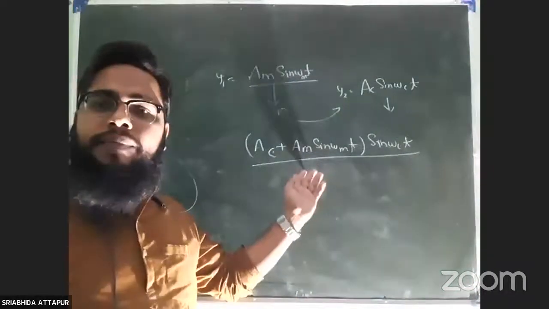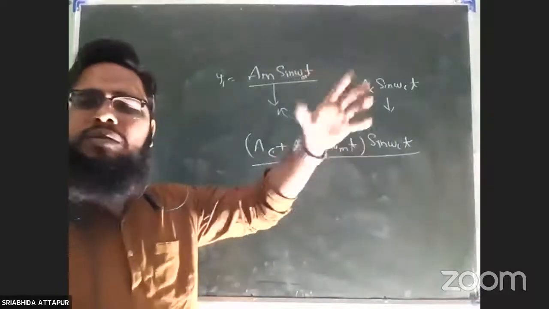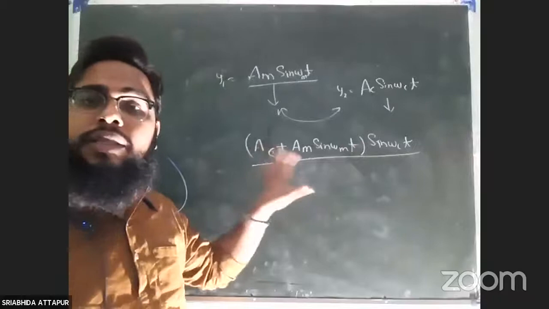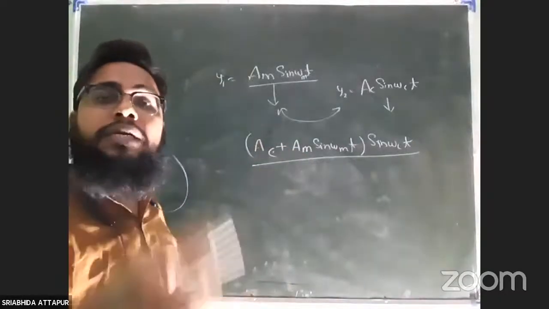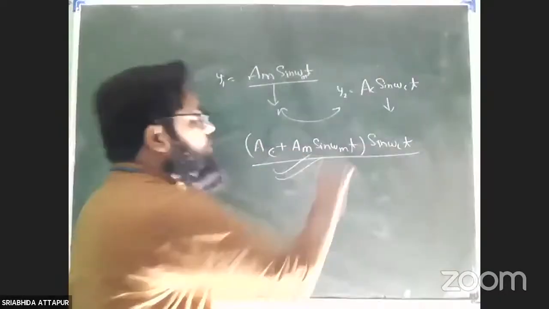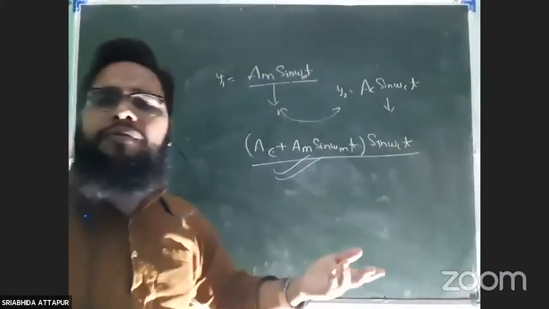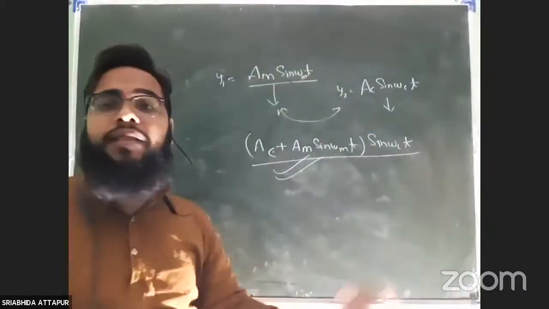I told you already that double differentiation and a lot of things are required, so finally you will get this. One question they asked in JEE Main 2019, but instead of sine they gave cos, and everyone knows how to convert cos into sine.